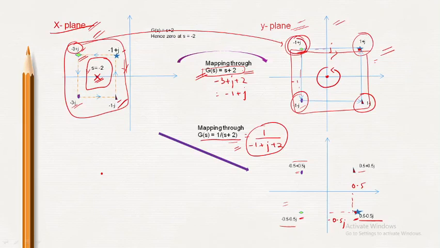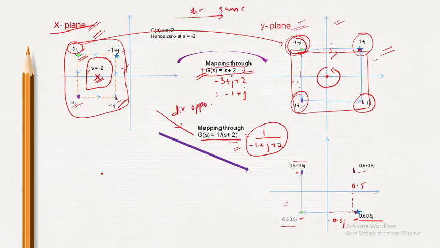So the major point to remember is that when you are mapping a contour through a function which has a 0, the direction remains the same, but for a pole the direction becomes opposite.